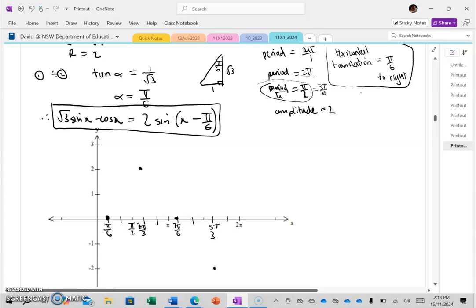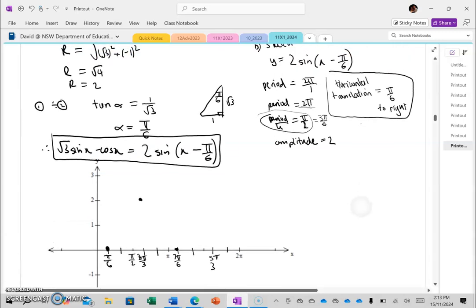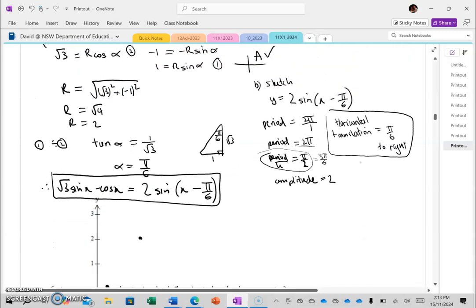And it would probably be good to work out the endpoint, okay? Because the period's 2 pi, and we're going from 0 to 2 pi, if I just work out the y-intercept by setting x equal to 0, you get y is equal to 2 sine negative pi on 6, okay?